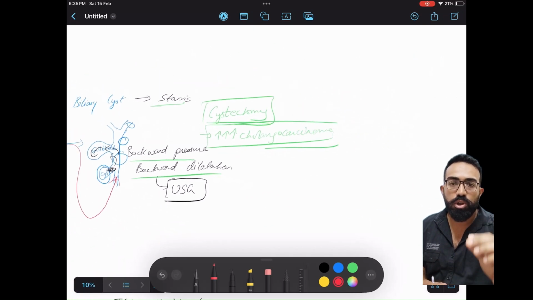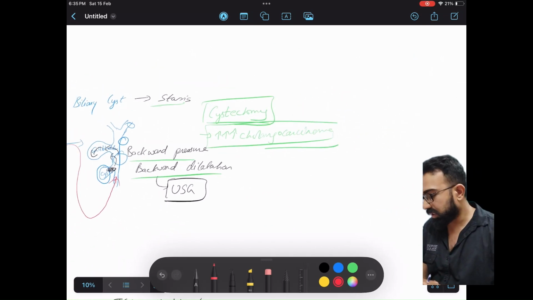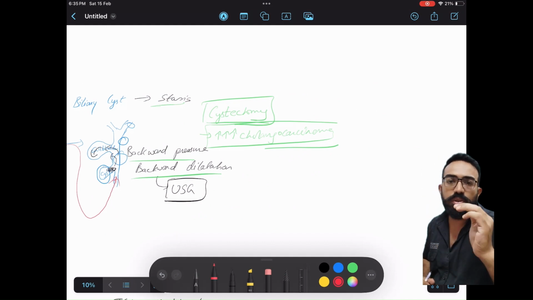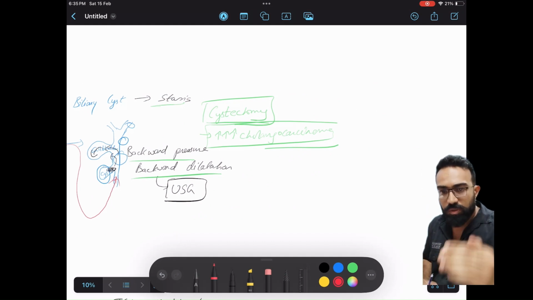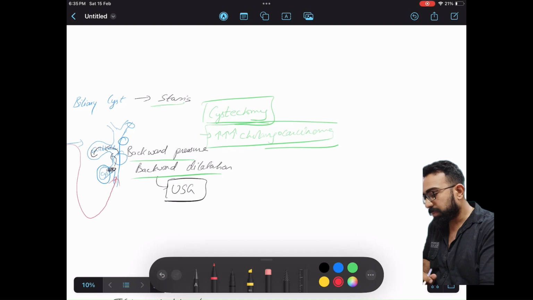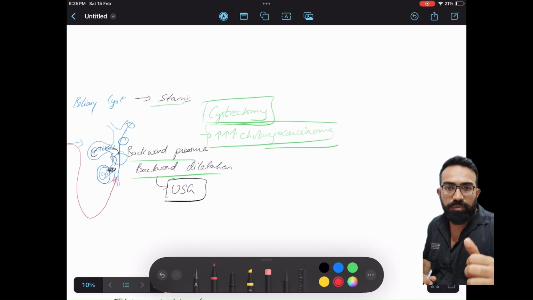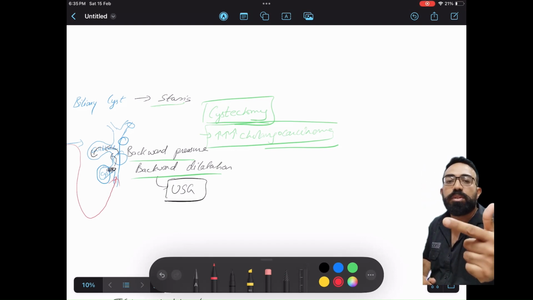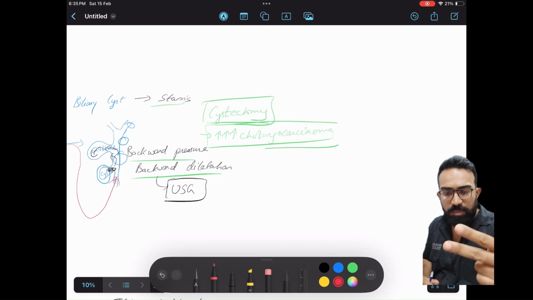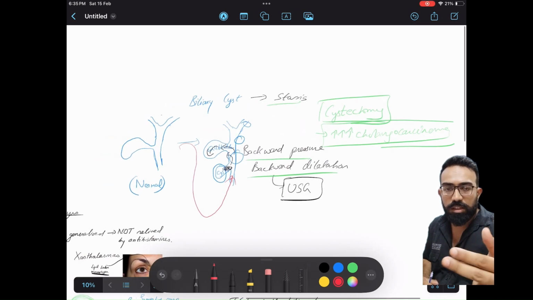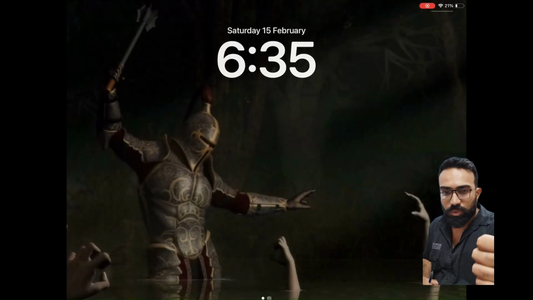You are going to relieve the obstruction first, and later on you are going to remove the cyst. Now, this biliary cyst can be found in a neonate, in a child, and sometimes even in a young adult. But whenever you find it, you remove it.